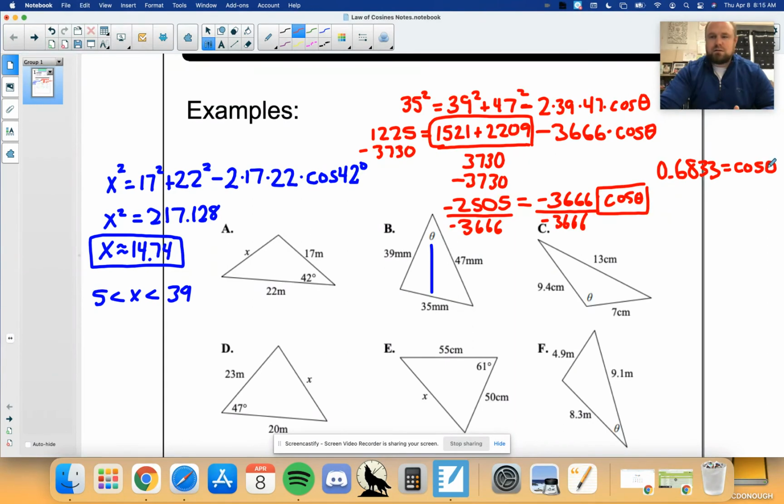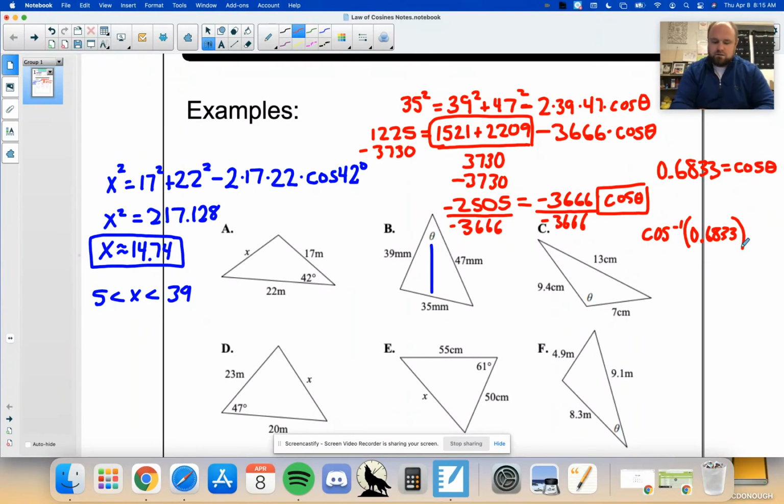I've mentioned this multiple times, but anytime you're looking for angle theta, and it's connected to this cosine, the way to get theta by itself is to take the inverse. So what you are going to do ultimately here is take the cosine inverse, cosine to the minus 1, cosine inverse of 0.6833, and that is going to give you angle theta.